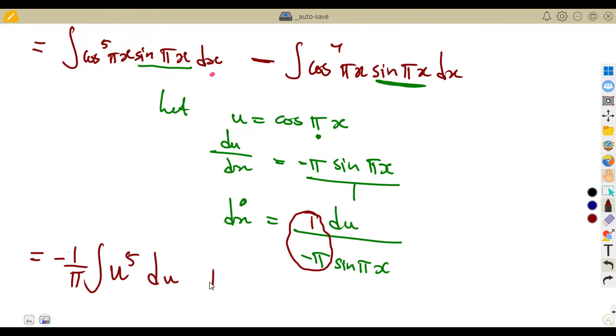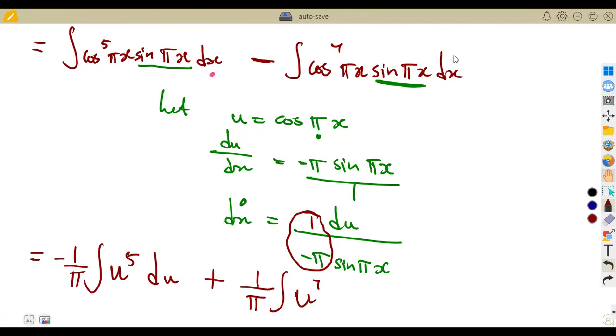Minus, minus becomes a plus, because we are supposed to take minus 1 over pi out of the integral. If we take it out of the integral, there's a negative there, so it becomes a positive. That will be positive 1 over pi. But there is an integral there of cos, which is represented by u. So that's u to the exponent of 7.